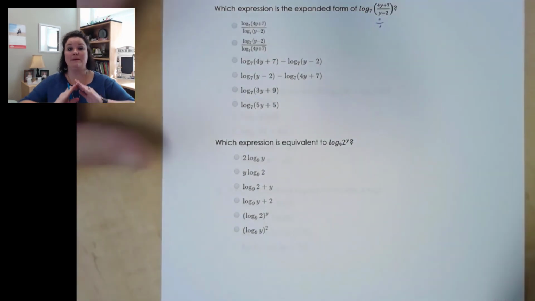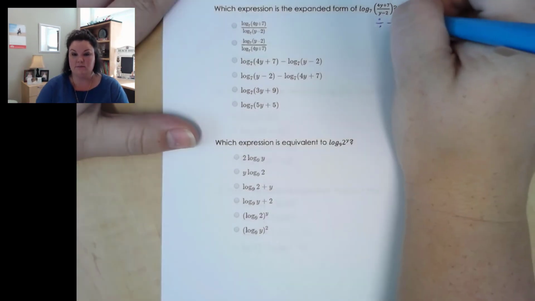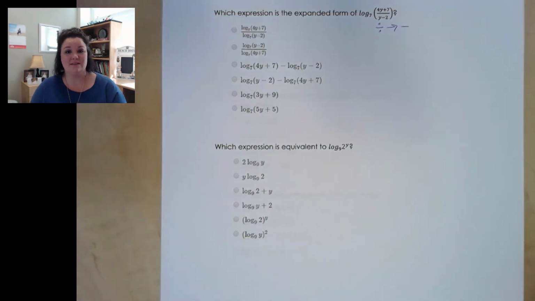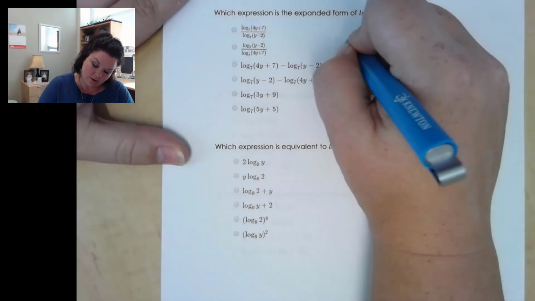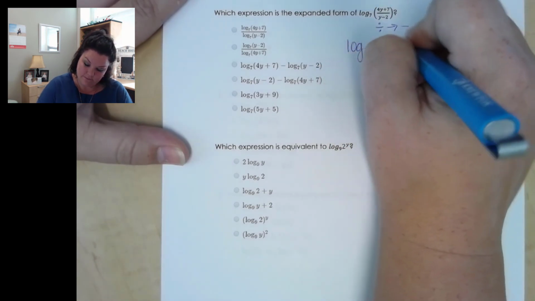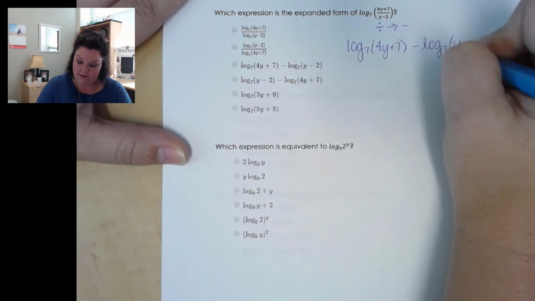And division can be expanded and broken into separate terms by subtracting. Remember, the one from the denominator is the one that's going to get subtracted. So I can rewrite this as log base 7 of 4y plus 7 minus log base 7 of y minus 2.